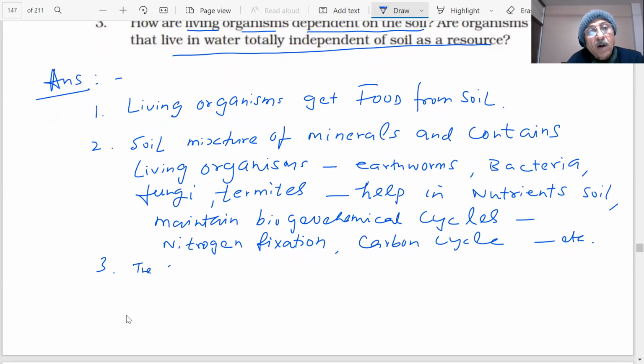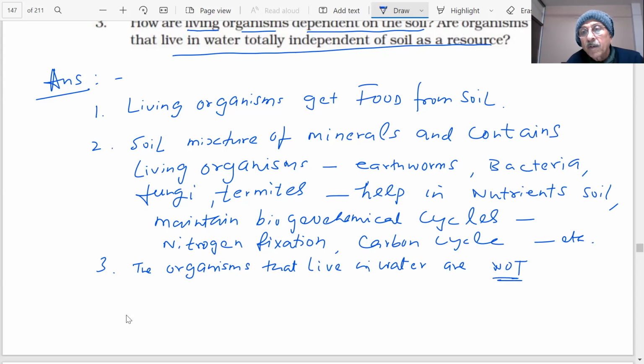The organisms that live in water, ठीक है, are not totally independent of soil as a resource.